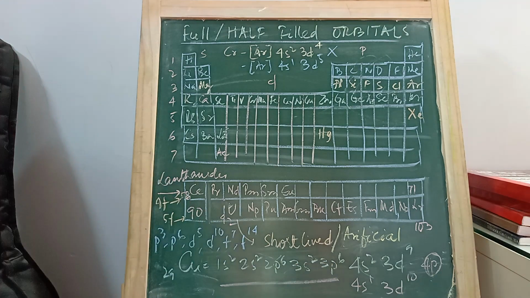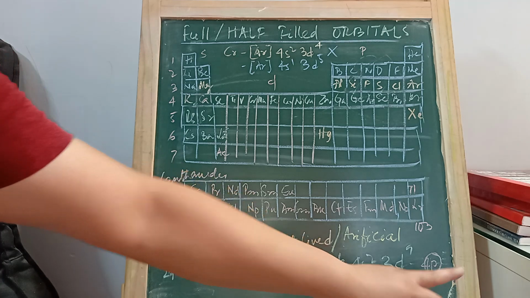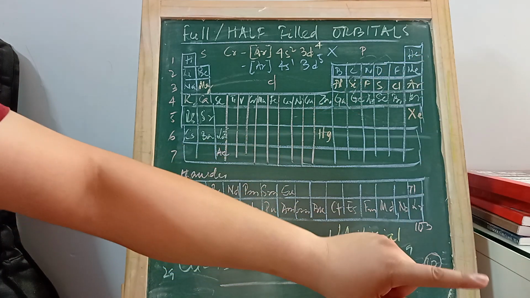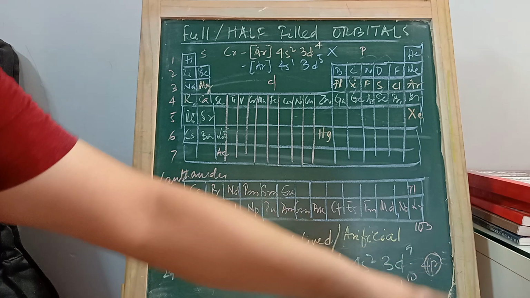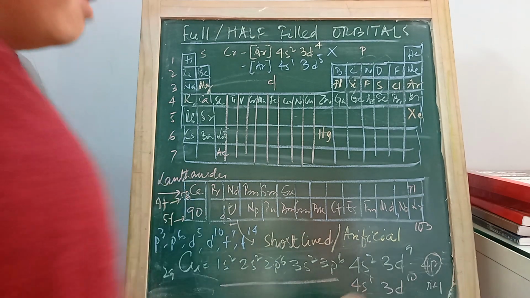How will we find which will have lower energy? Here the n plus l value: the principal quantum number n is 4, and for p the azimuthal quantum number l is 1. So 4 plus 1 is 5. The n plus l value is 5 here.